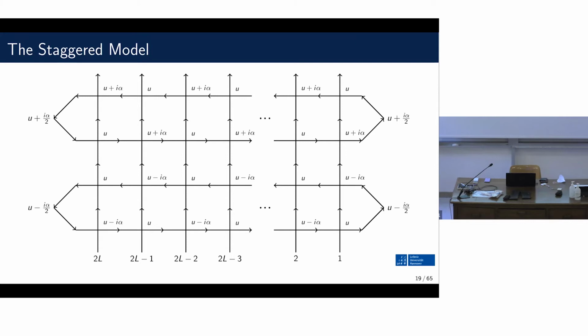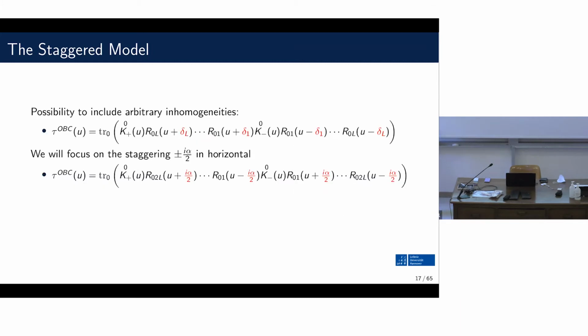You have already, in a single double row, U minus iA, U minus iA, U. It looks like a checkerboard. Why do you need to stagger it more? Okay, but the double row is just for the open model, right? You always have a double row for open models, so this is a natural thing.